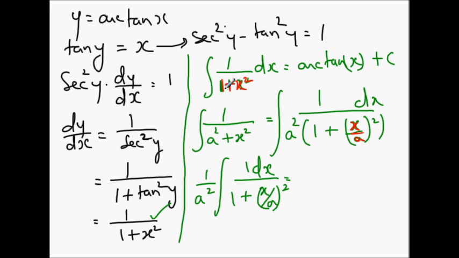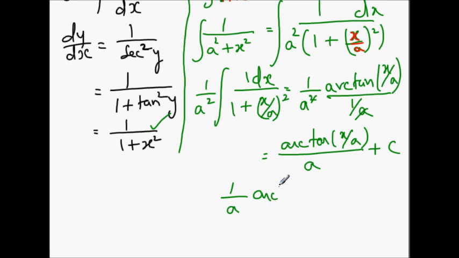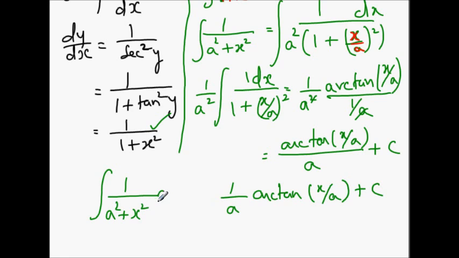Now using this, 1 over 1 plus something square is equal to arc tan of something, then it would be 1 over a square arc tan of x over a, and as you know, we have to divide by the differential of x over a. So divided by 1 over a, and again this gets cancelled, only one a gets cancelled, so this is arc tan of x over a divided by a plus c, or we usually write it as 1 over a arc tan of x over a plus c, which is actually the integral for 1 over a square plus x square dx.